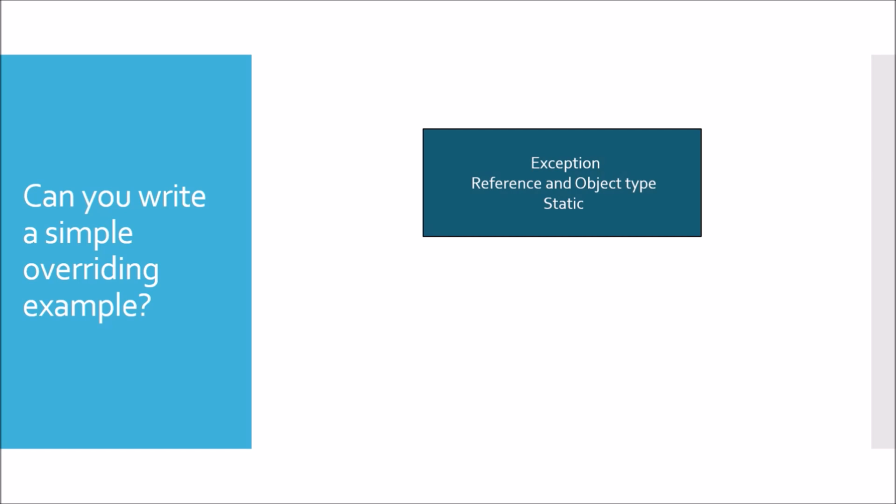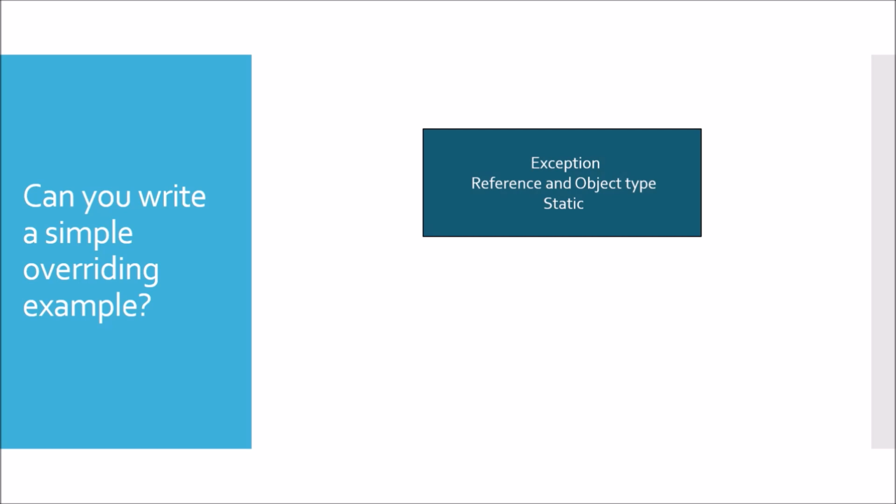So be prepared about these three: exception, reference and object type, and static whenever you are going to attend an interview. If you want more questions on overloading and overriding, you can watch the video of overloading and overriding with respect to different concepts, and the links are coming on the top right corner.